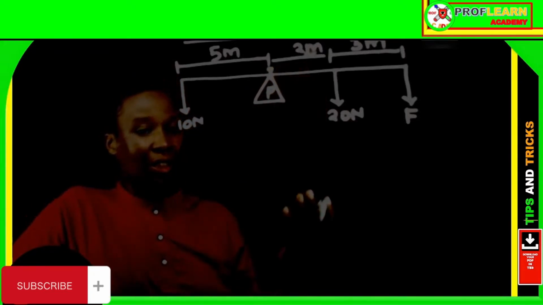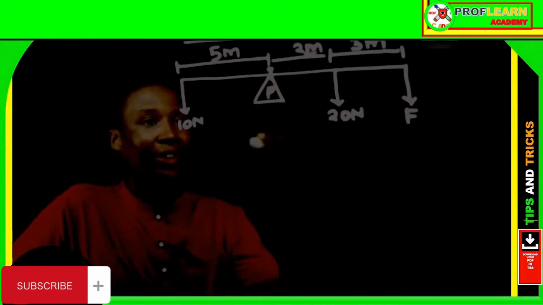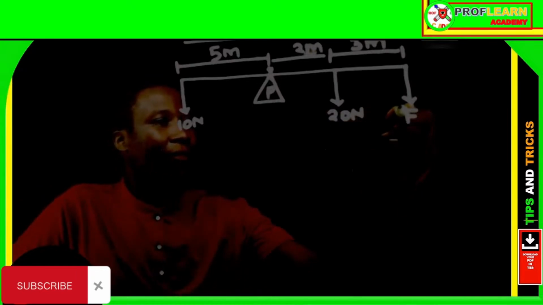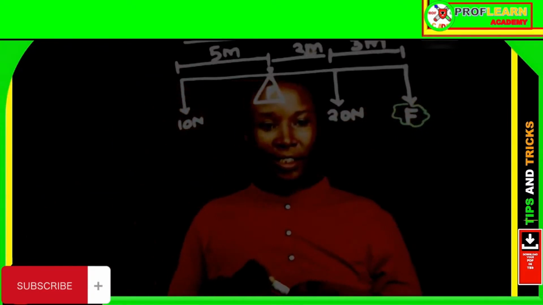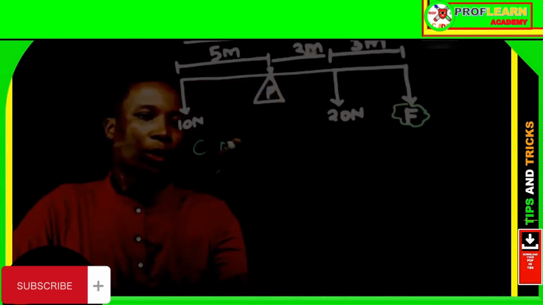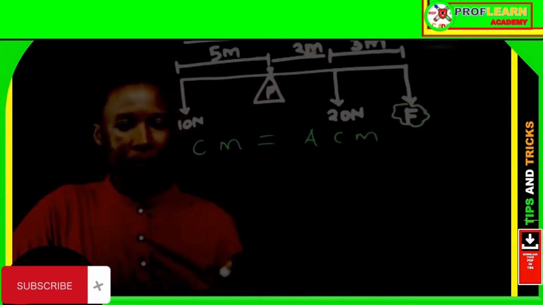But now this weight of the object is not going to give us a moment because it's acting there. Then you are asked to work out the value of F that will make this particular system be at balance. We're going to use the concept clockwise moment must be equal to anti-clockwise moment.